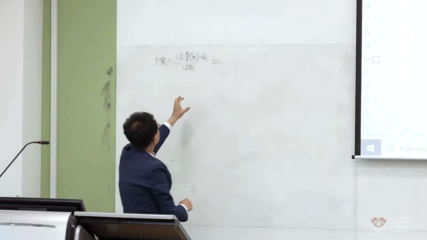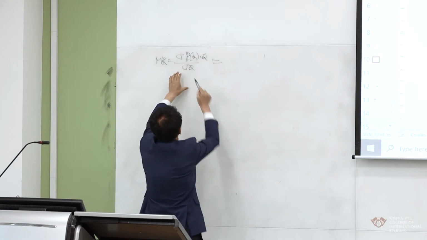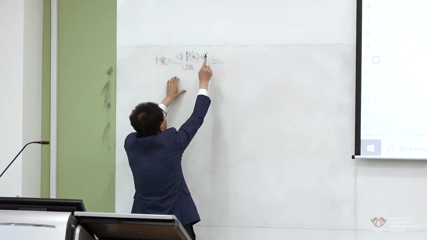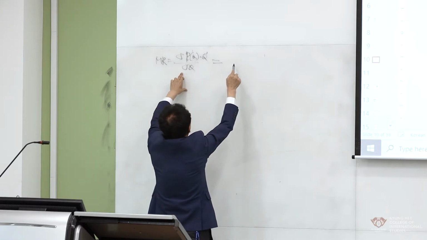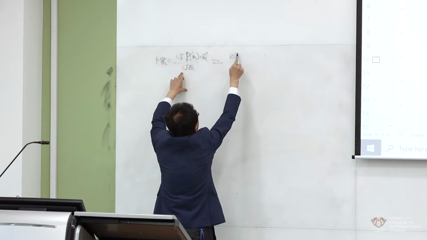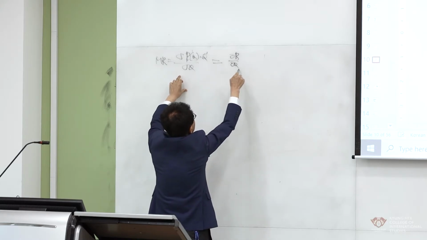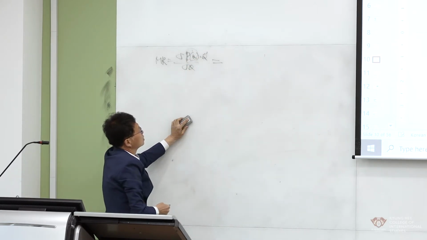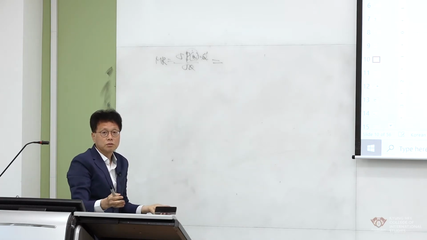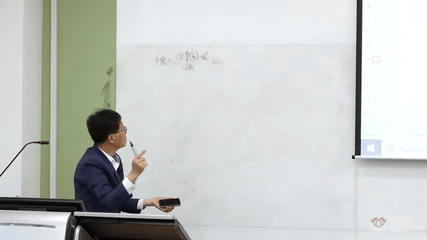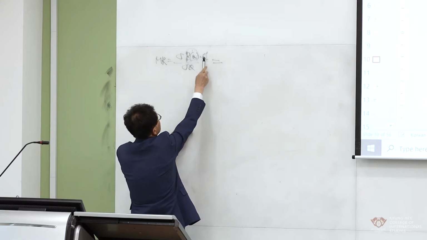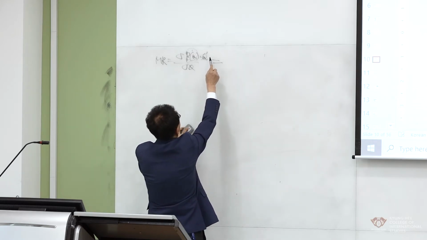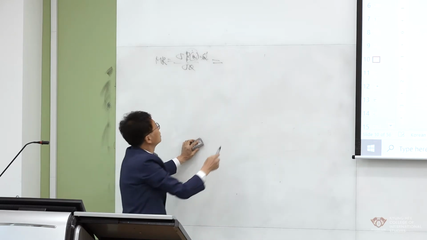Number one, this part is considered constant and this one is variable, so partial total revenue over partial Q. Second component, this is variable and that is just a constant number. In the first case, only Q is left.